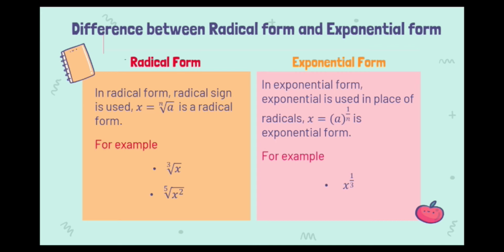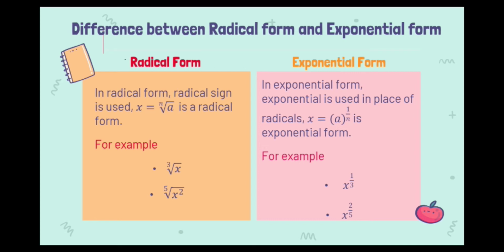Cube root of x. The second one is fifth root of x square, and here we represent it as x raised to power 2 by 5. In exponential form, we write the power as a quotient.